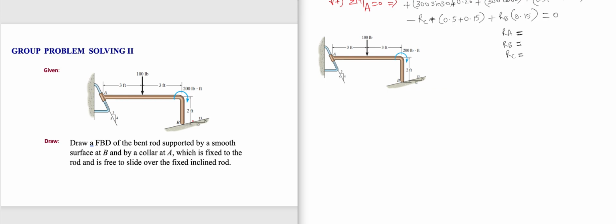So in this free body diagram, let's start with B. At B, you have a smooth surface. What is the reaction of the smooth surface on the bent rod? It prevents the rod from entering the smooth surface. That means it gives you a reaction R at B.